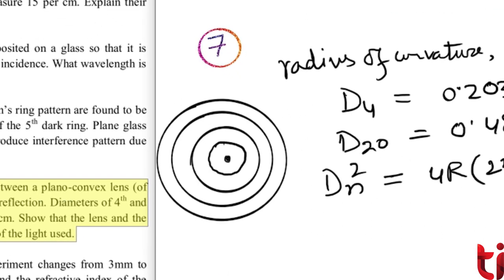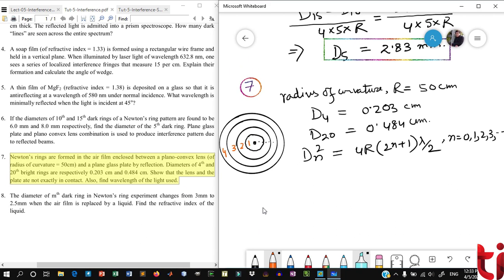So the Newton's ring would look like this, with the center dark, then a bright, then dark, then a bright, then a dark, then bright, and so forth. So here for the bright, n is equal to 1, then n is equal to 2, n is equal to 3, n is equal to 4.